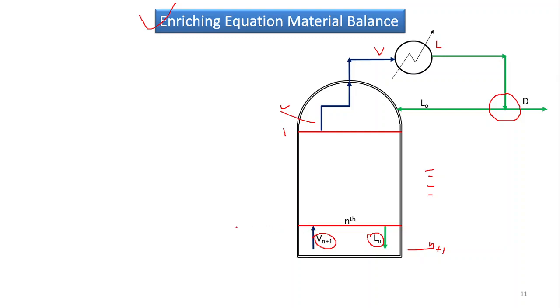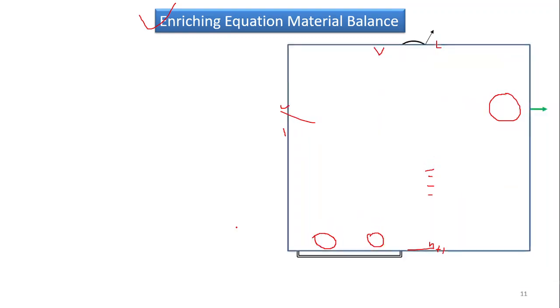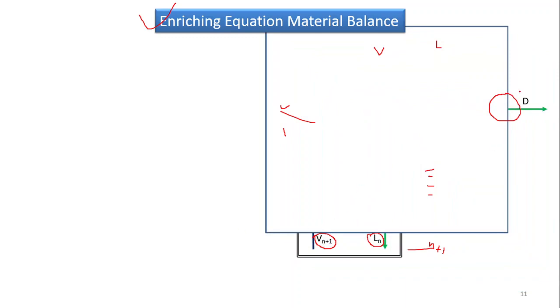If you carry out the material balance, it is simply in and out: what is entering and what is leaving the enriching section. In the simplified version, D is leaving, Ln is also leaving, and Vn plus 1 is entering the system. So we have three streams: one stream entering and two streams leaving.